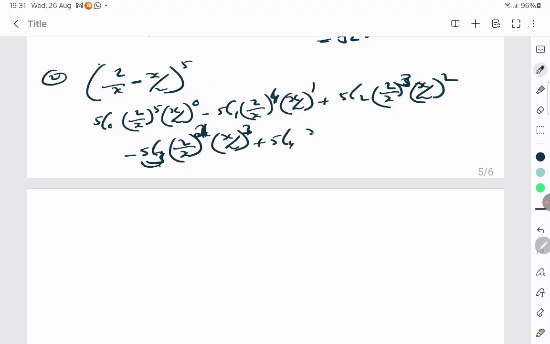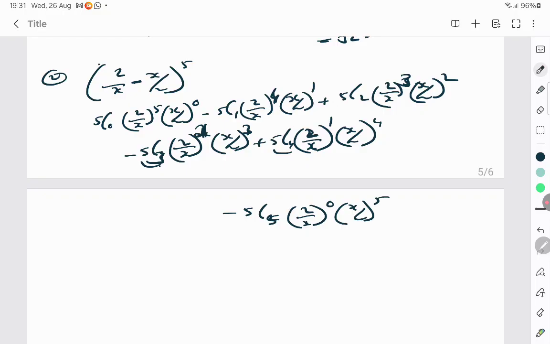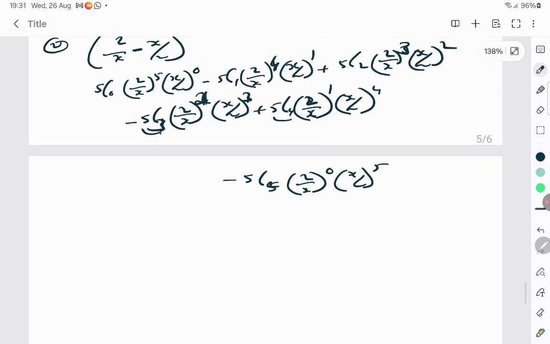Plus 5C4, 2 by x the whole to the power 1 and x by 2 the whole to the power 4, minus 5C5, 2 by x the whole to the power 0, x by 2 the whole to the power 5. Just solve this and you get the answer. You know that 2 twos are 4, 4 twos are 8, 8 twos are 16, 32. 32 by x to the power 5. That's the first term. Next one, 5C1 is 5.